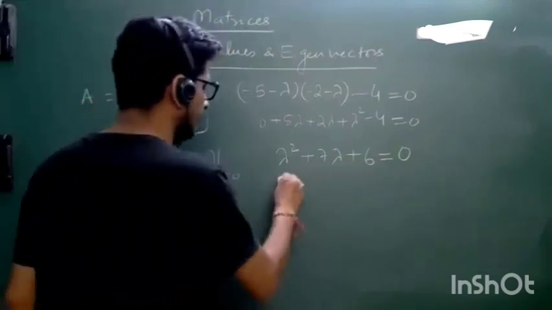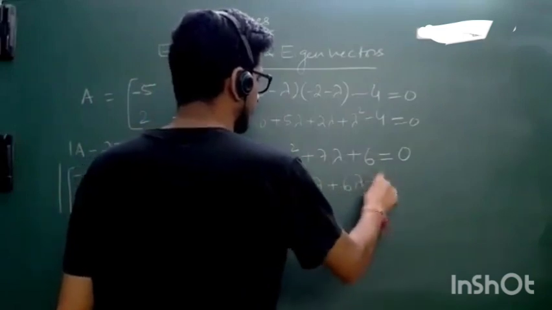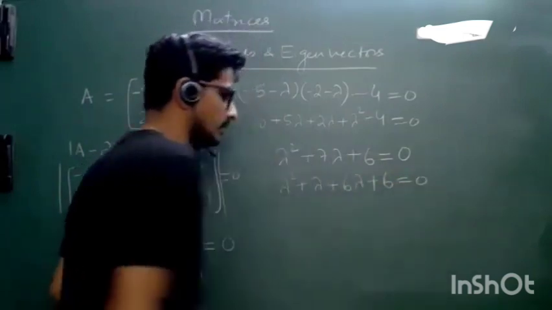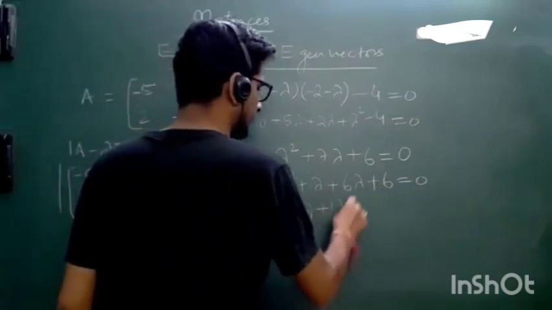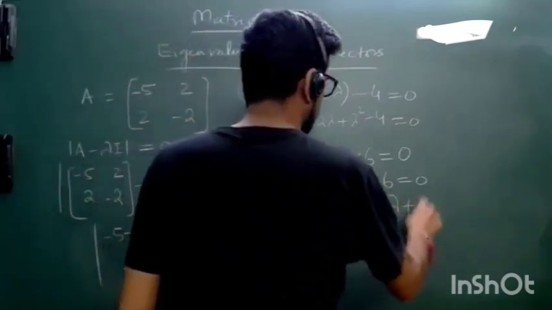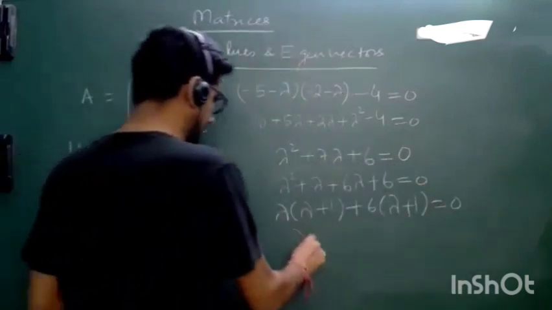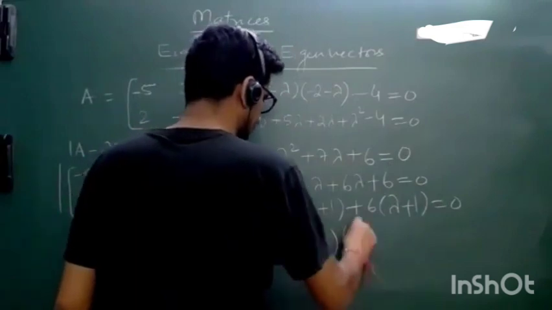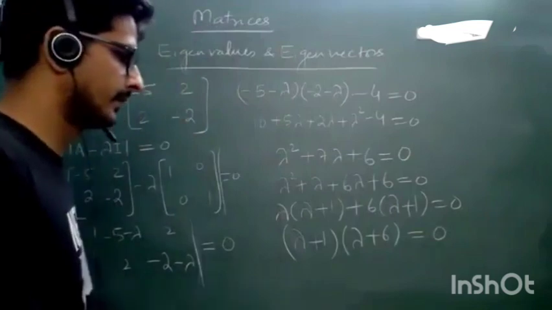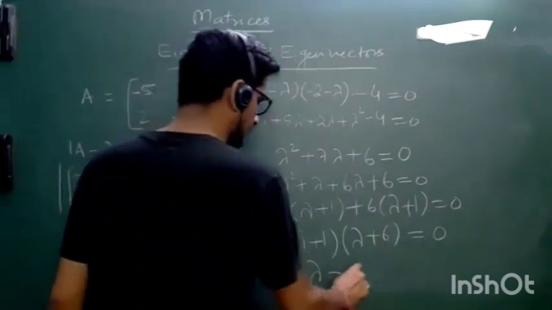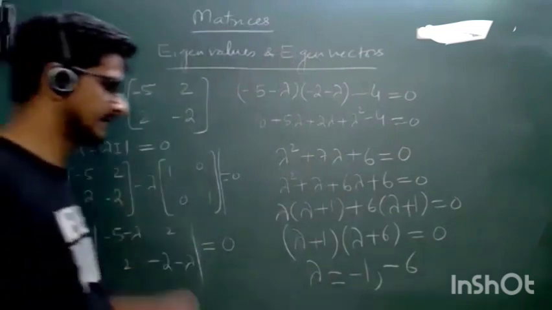So this is given by lambda plus 1 and lambda plus 6 is equal to 0, and lambda is equal to minus 1 and minus 6. These values are known as eigenvalues.